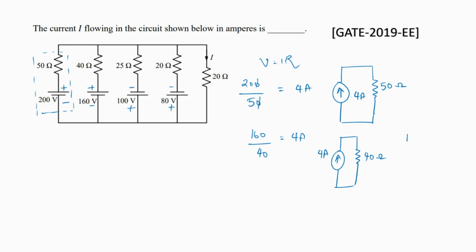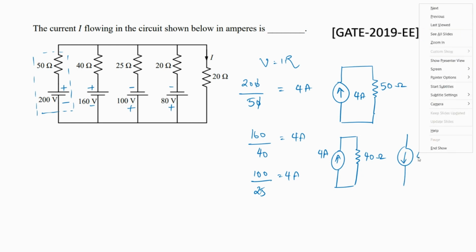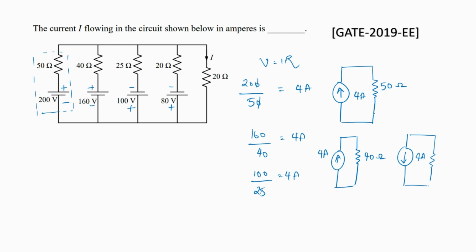So what we get is 100 divided by 25, which is again 4 amps. And this time the direction should be pointing towards the positive of the voltage source, so it is going to be pointing downwards like this. So that would be 4 amps with 25 ohms in parallel with it.